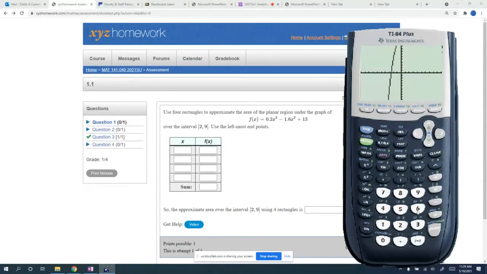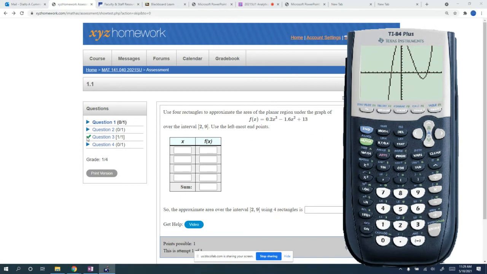What zoom 6 does is put it in a -10 to +10 window, with increments of 1 for both the x and the y axis. All right, so this is our curve, and we want to estimate over the interval from 2 to 9.